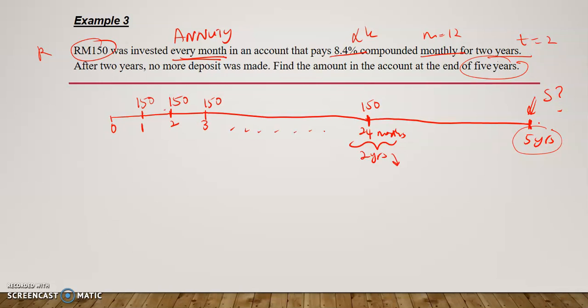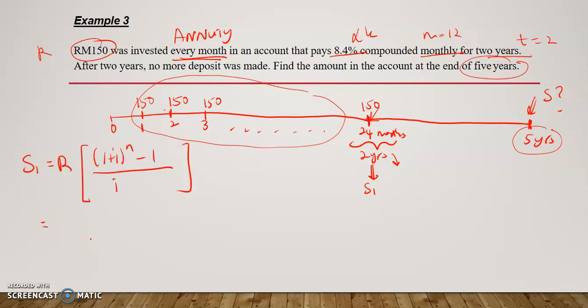Alright. So first step is to find the S1. S1 is the amount of the annuity after the last payment made here. So this is S1. Because this is annuity, you must find the S using the future value of annuity formula.